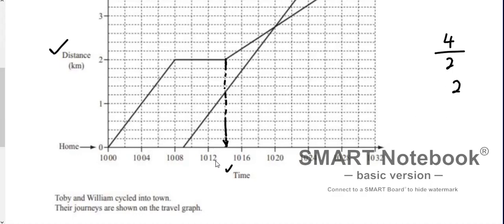Yes, this will be 10:14, because each division is 2: 10:12, 10:14, 10:16, 10:18, 10:20. Okay, this is 10:14.